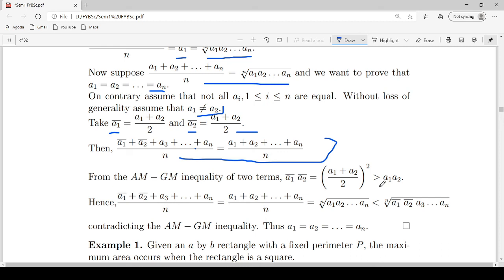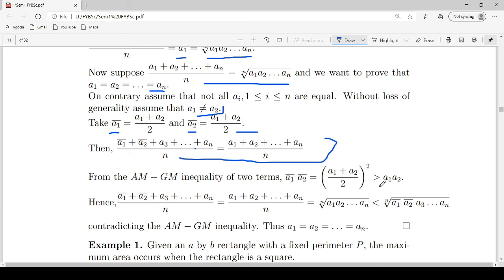And remember, here the strict inequality will occur because for two positive real numbers we have already proved that equality will occur if and only if those two positive real numbers are equal, and we have assumed a1 is not equal to a2. Therefore the arithmetic mean of a1 and a2 is strictly greater than the geometric mean of a1 and a2.